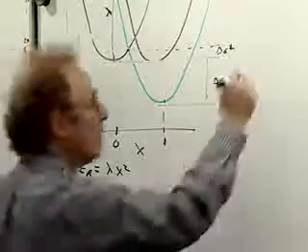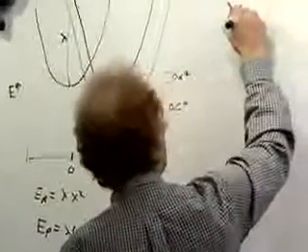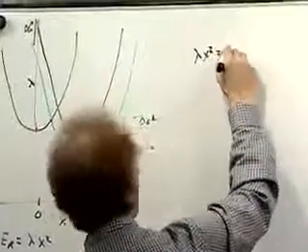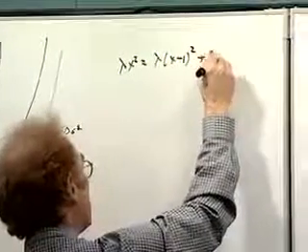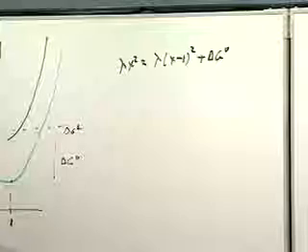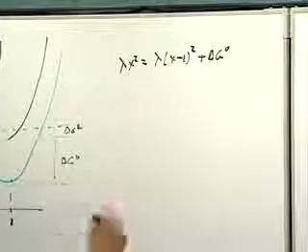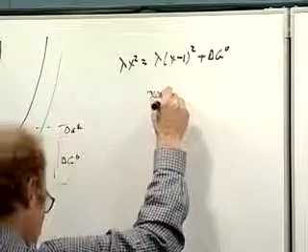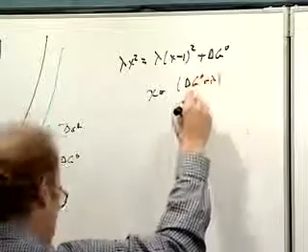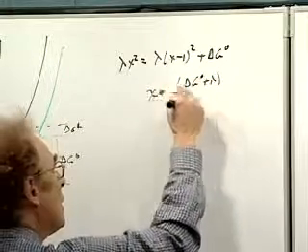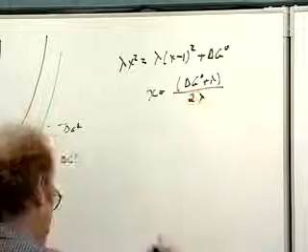So we can solve for that. We can say lambda x squared at the crossing point is going to be lambda times (x minus 1) squared plus delta G0. And we'll solve for that, and we find that x equals (delta G0 plus lambda) over 2 lambda.